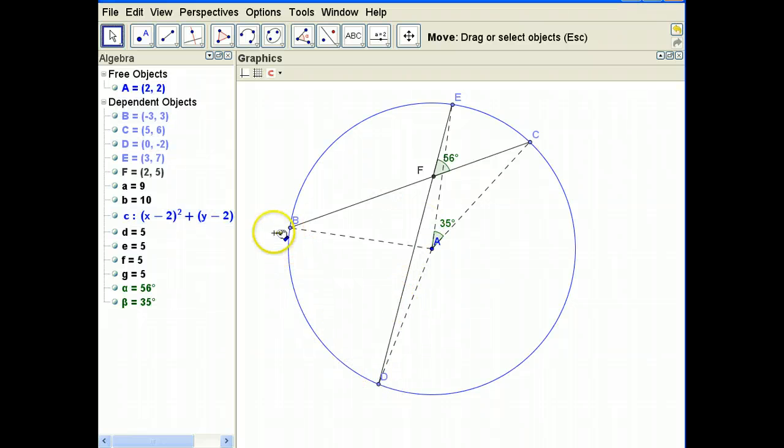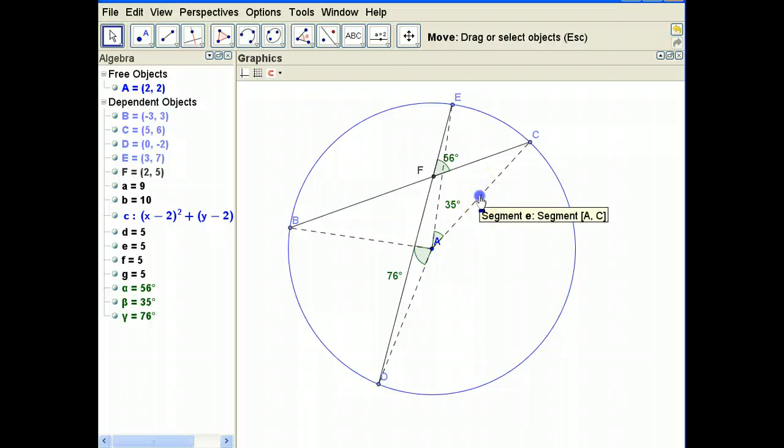We want to know how big this is. So let's go ahead and measure that angle. And that central angle is 76 degrees. Again, it doesn't look like there's any connection between them. So we have a 35 degree angle, a 76 degree angle, and a 56 degree angle.